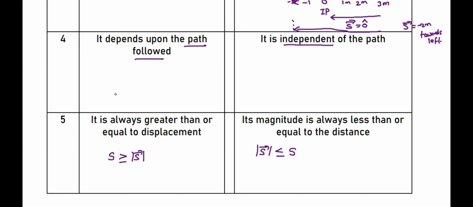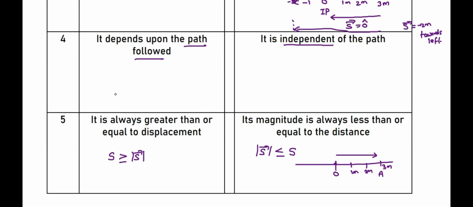Suppose we take the same example, the above example only. This is point O, this is point A, this is 1 meter, 2 meter, suppose say 3 meter. Initially the body travelled from O to A. In this case, both the distance and displacement are along a straight line path.